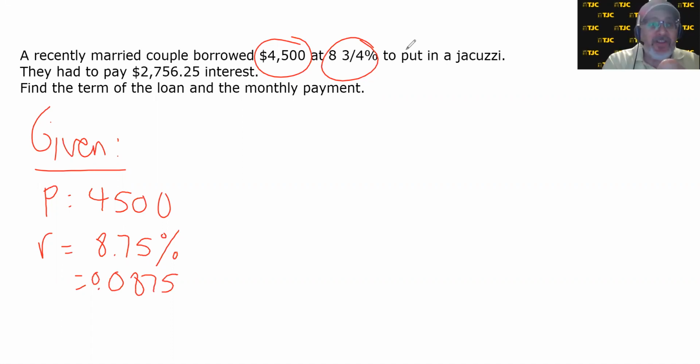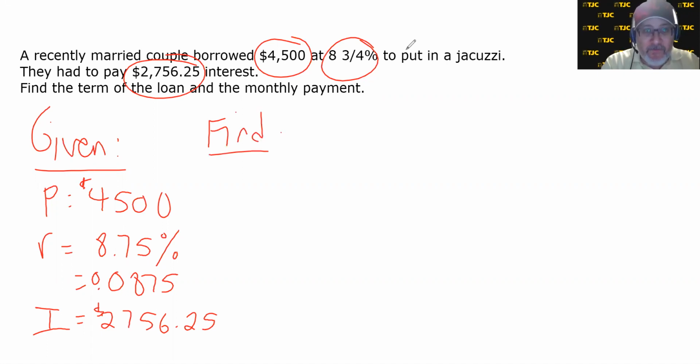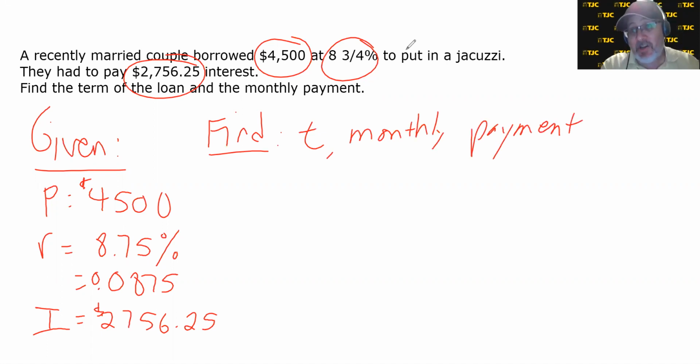And we're also given the interest. The interest is $2,756.25. And we're being asked to find two things: find the term and find the monthly payment. This is the first one in this video where we find a monthly payment, but you can actually find them in any such videos.